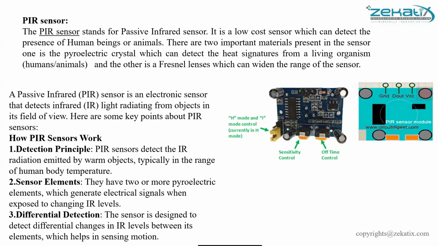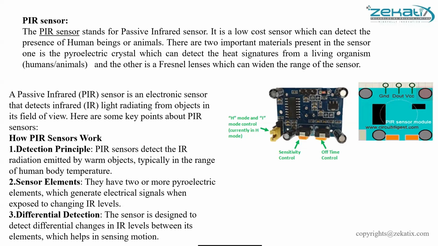Second is the Fresnel lens, which focuses the infrared radiation to increase the detection range. A control circuit is also present to process the signal from input to output. And the last one is the output component, which is a digital signal, either in a high state or a low state.